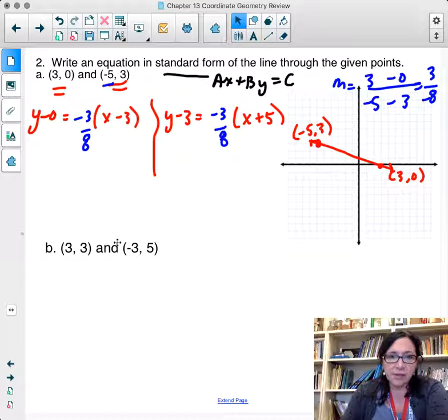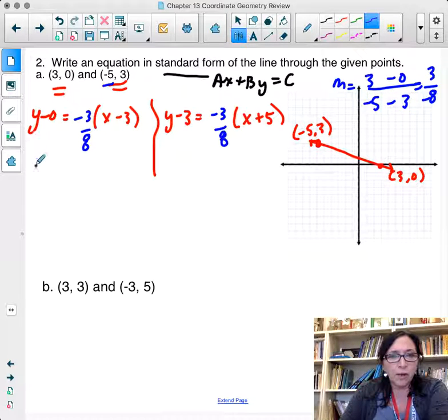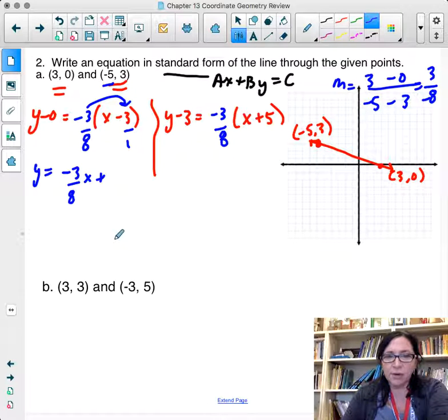So actually, I might need to have a little bit more room here, so we'll see. So we're going to go y equals, I'm going to distribute this, and I get -3 over 8x plus, and when you multiply this times this, remember, there's actually a 1 under here, and you multiply the tops by the bottom. So that's going to be plus 9 over 8.